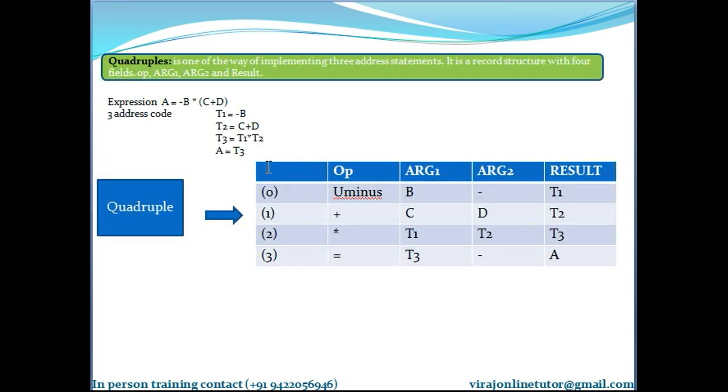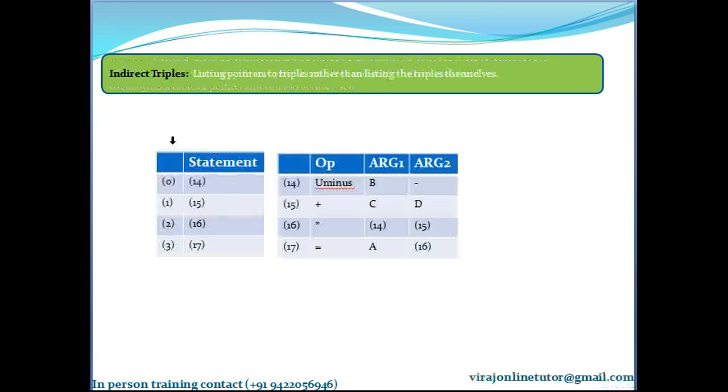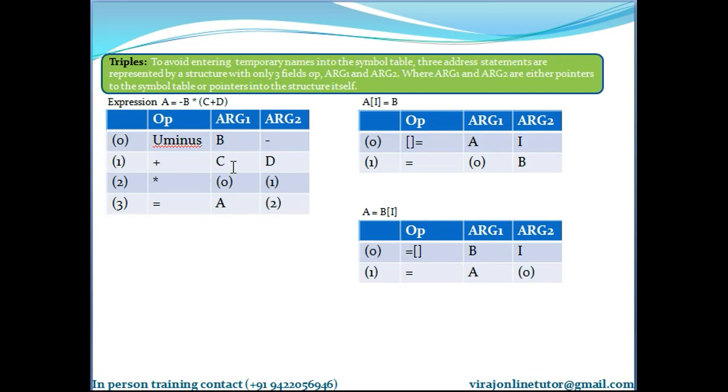But the expression is the same, and the three address code also will be the same. So minus of B, put it into T1. That is the first statement. So here I am doing U minus of B. And instead of placing T in the result field, I don't have a result field. So this statement 0 indicates that I have already done minus B. Next is C plus D, which I was putting into T2. So this number 1 will mean that I have done C plus D.